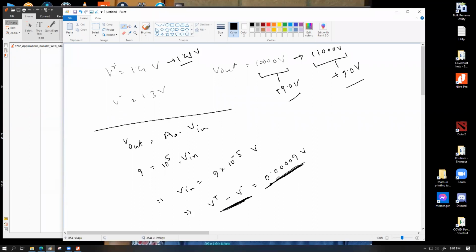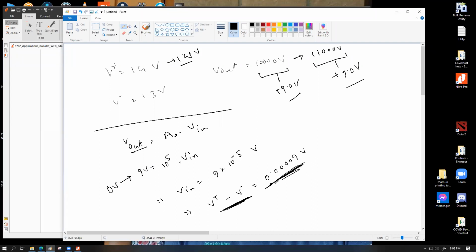What does this mean? If the difference of the two input voltages, V plus and V minus, is at maximum this much, which means either smaller than this or at max this much, then the output can have a variation from 0 volt to 9 volt.